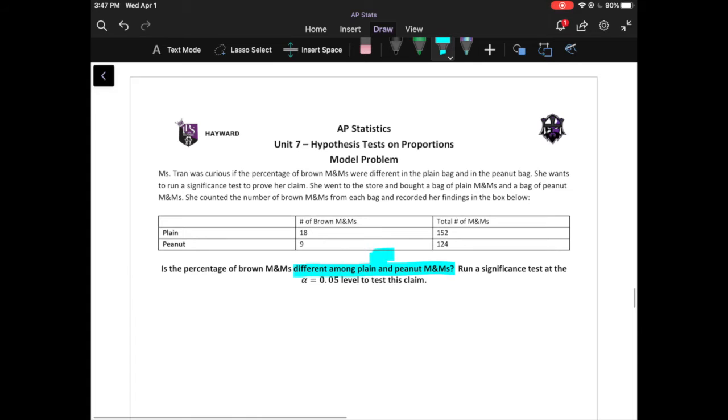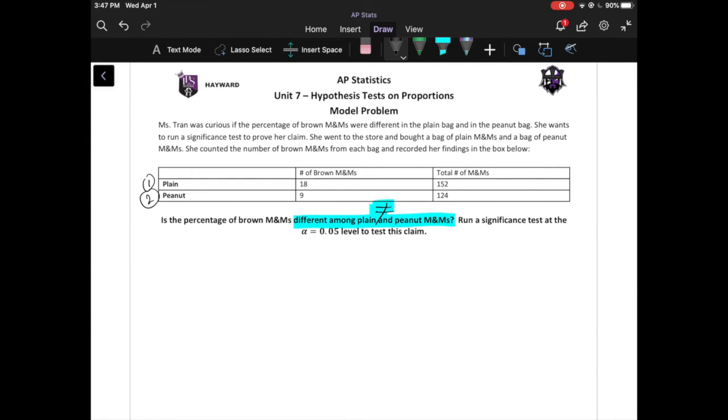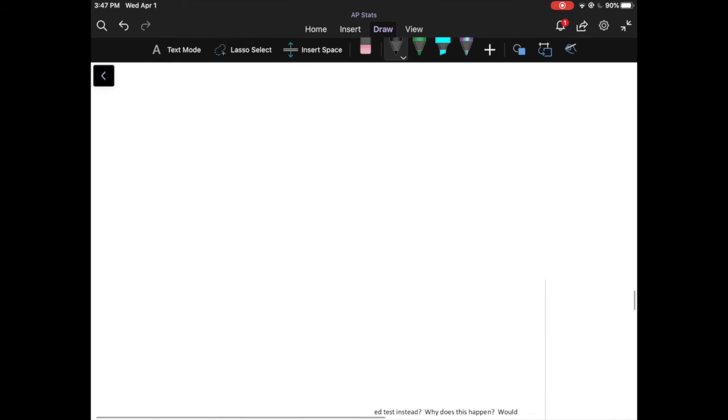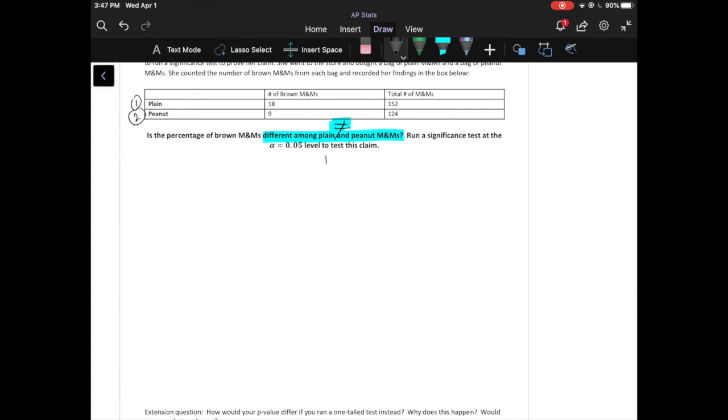What this is saying is that we're doing an alternative hypothesis where P1 is not equal to P2. So I'm going to make the plain P1 and the peanut P2. And I'm going to go through my template first. So I'm going to create my template.